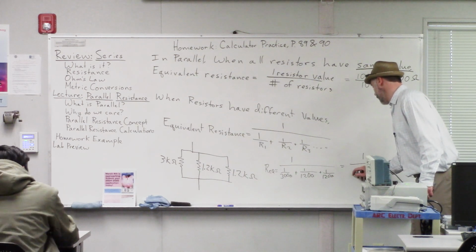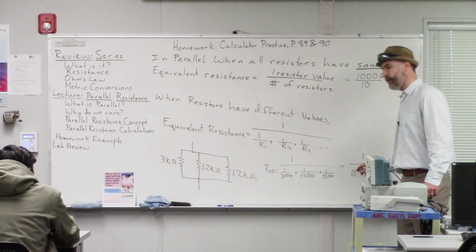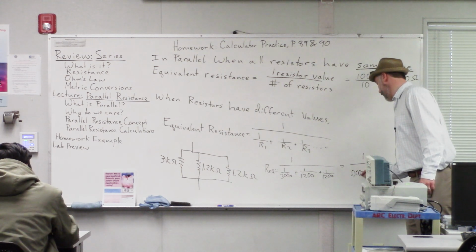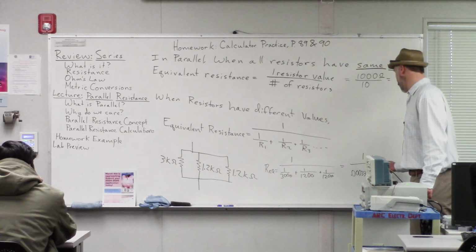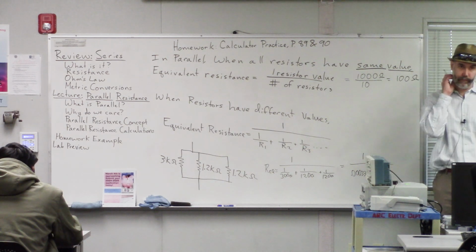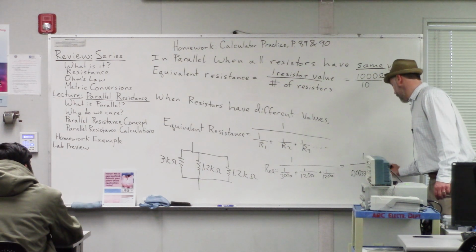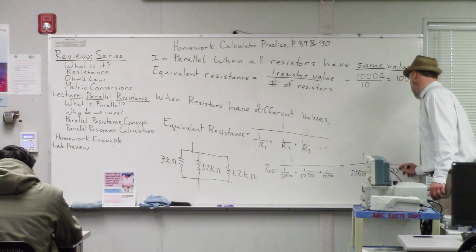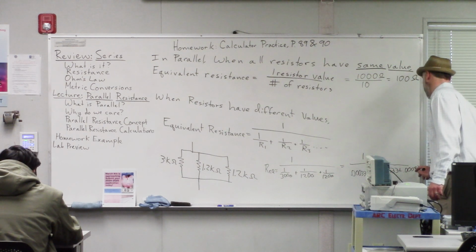Okay, so it's going to be 0.0 something, right? 0.00333. All right, and then what's 1 over 1,200? 0.000833. And then one more of those, so 0.000833.